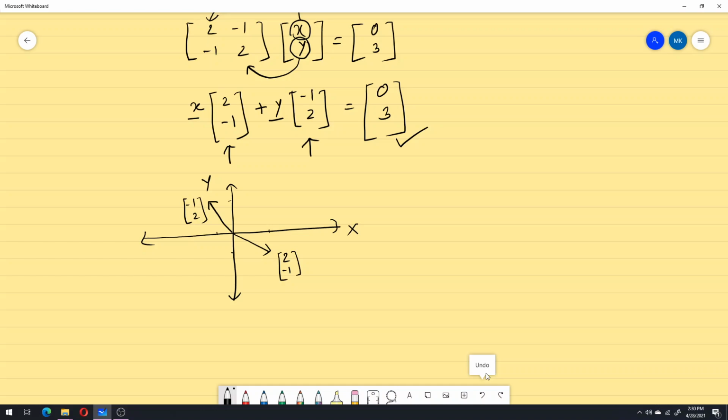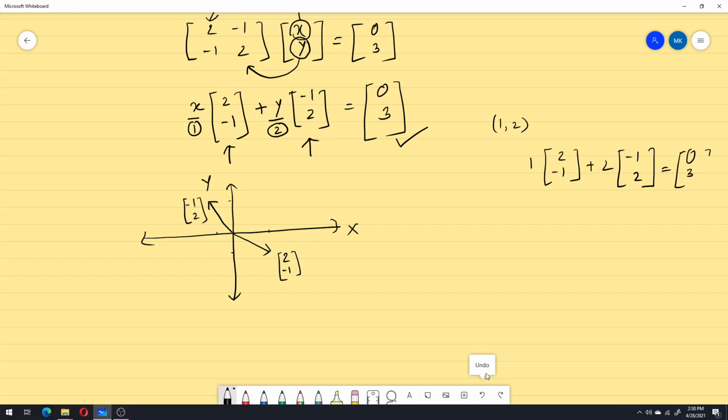Why not the correct combination, which we already know is 1, 2. Okay. So if you place 1 here and 2 here, and do vector addition, the picture would be 1 times [2, -1] plus 2 times [-1, 2] equals [0, 3].